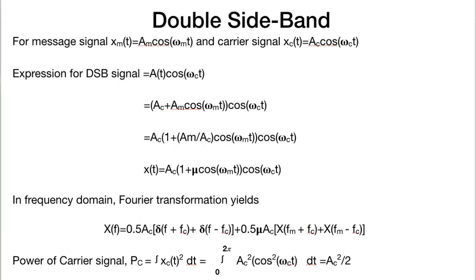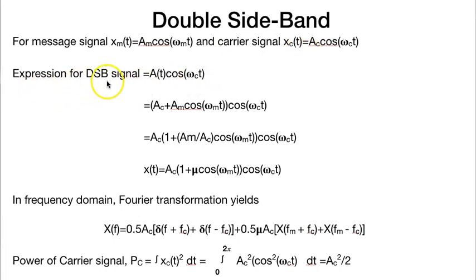We have been talking about double sideband quite a lot now. Discussing double sideband, I have already told you what a message signal is, how it is represented, and what a carrier signal is.